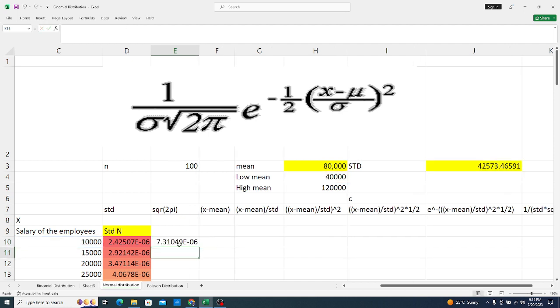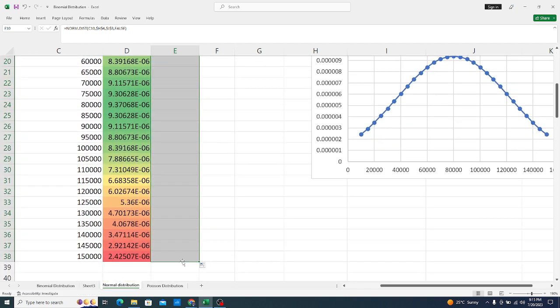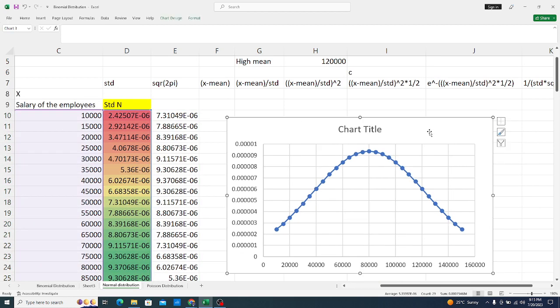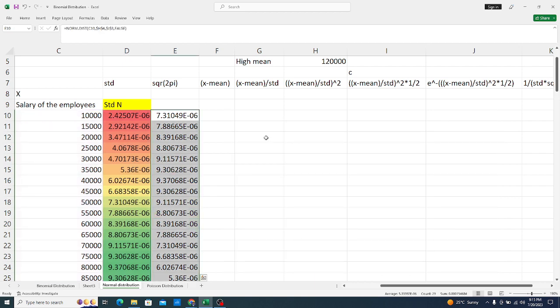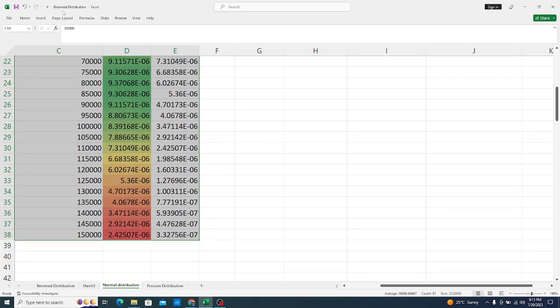We'll have this, and then we can drag this down. And then maybe we'll do one graph. Let me try and see if it will really plot.